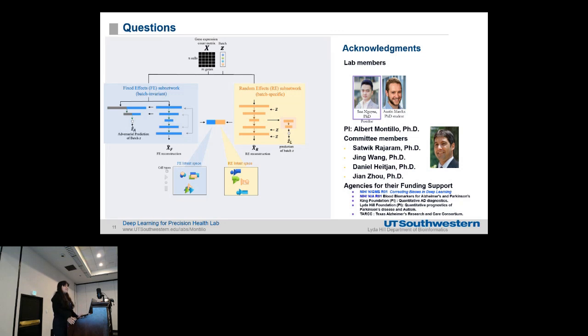But one challenge is that we may have different sources of batch effects in a single data set. So to account for each one of them using our method, you would have to have one subnetwork for each different batch effect. Does that answer your question? Thank you.